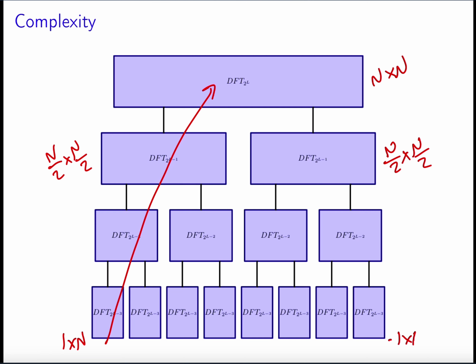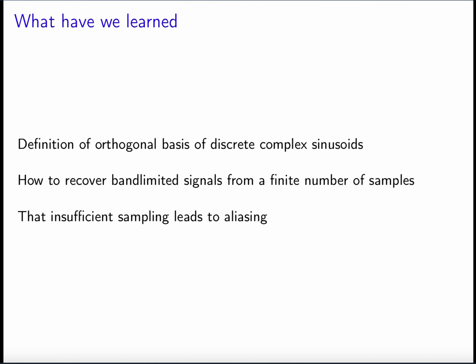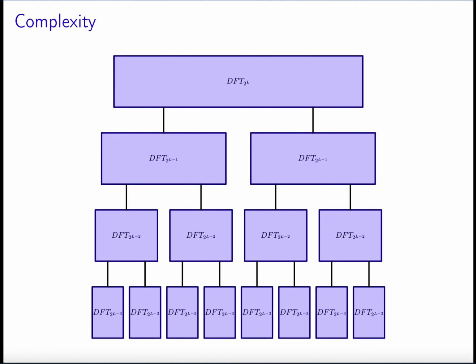The question is, do we gain anything by computing this recursively like that, as opposed to just applying the matrix vector multiplication? So let's see. In order to analyze this, we're going to assume that n is equal to 2 to the L, where L is just a positive integer. So here we have 1, 2, down to L levels.